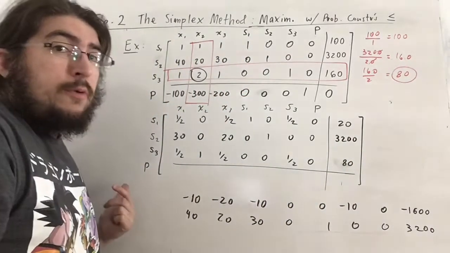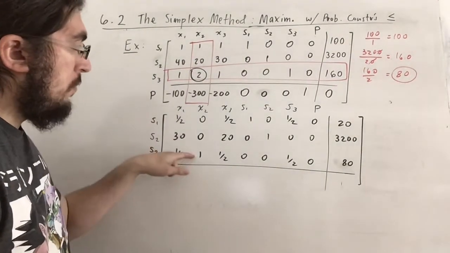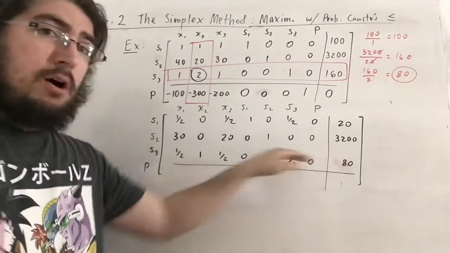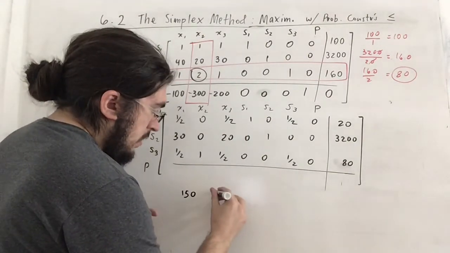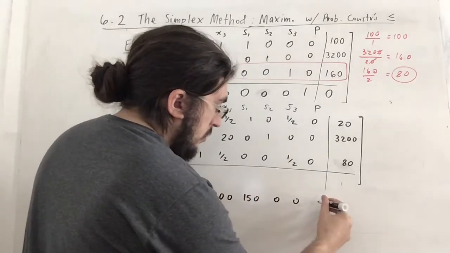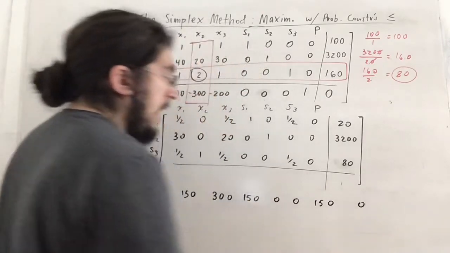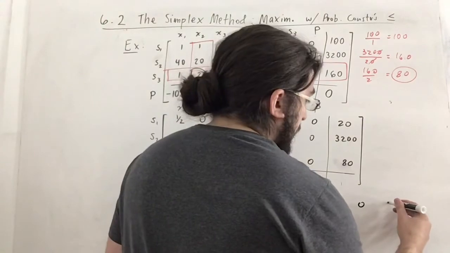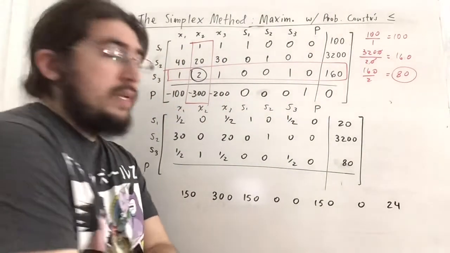Now finally for row 3, well I guess row 4. So for this fourth row now, we're going to multiply this 1 by 300 to cancel out with that negative 300. So multiplying all of these by 300, half of 300 is 150. That's 300. That's 150 again. That's 0, 0, 150, 0. And let's see, what is 3 times 8? That's 24. But we're multiplying it by 300, so there's a total of 3 zeros actually.